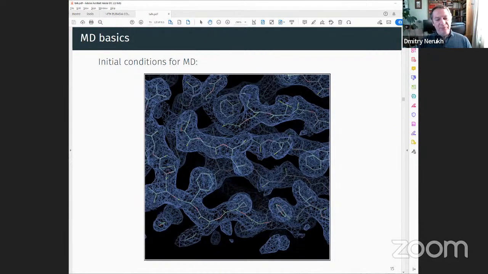Of course, the results depend very much on the initial positions of the atoms, and that's the main problem when we start computer simulations.